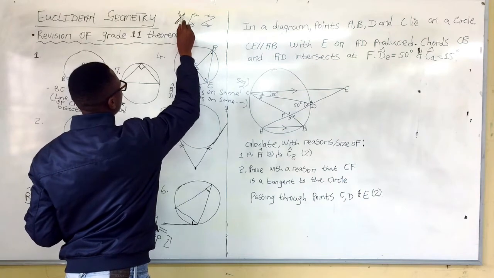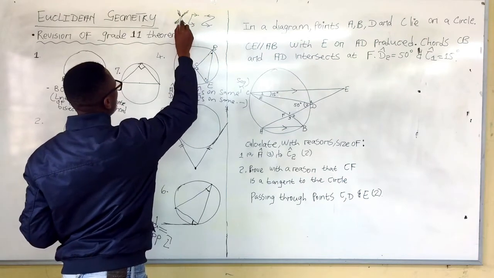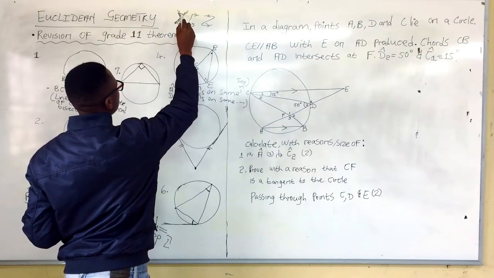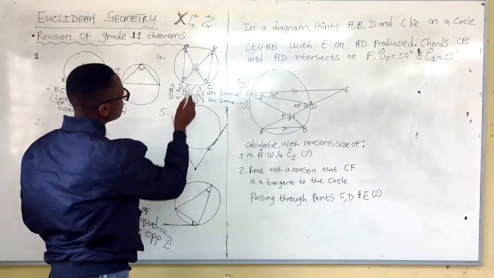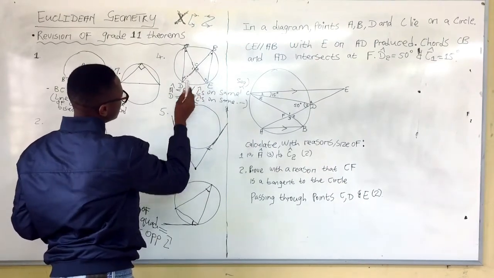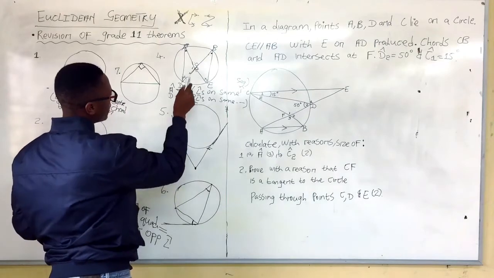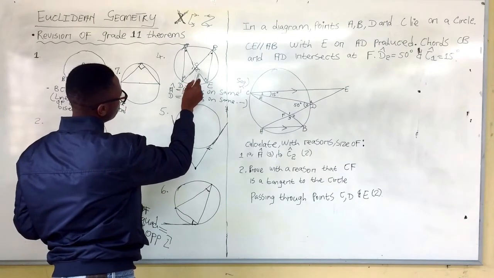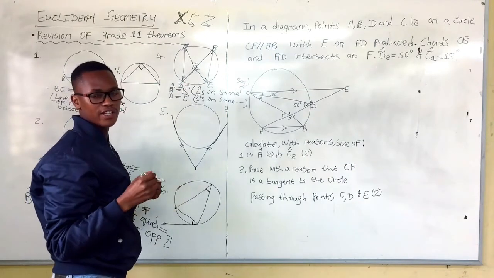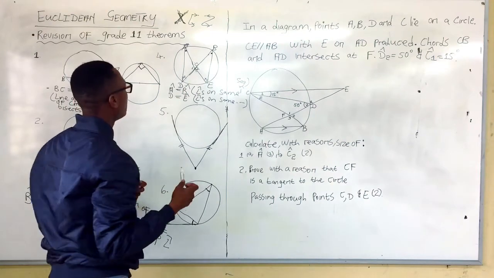They call them vertically opposite angles. So this angle is the same as this angle. You can see we have an x here. So C1 is equal to C2 because they are vertically opposite angles.